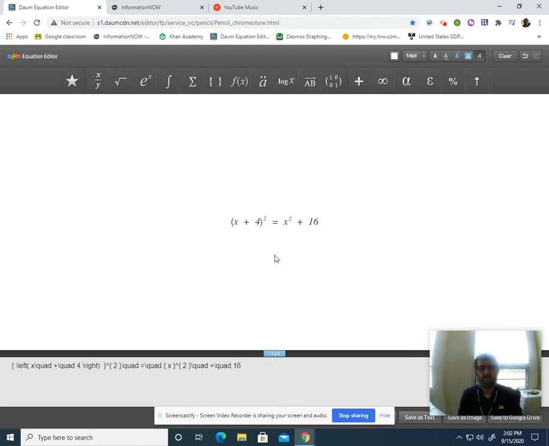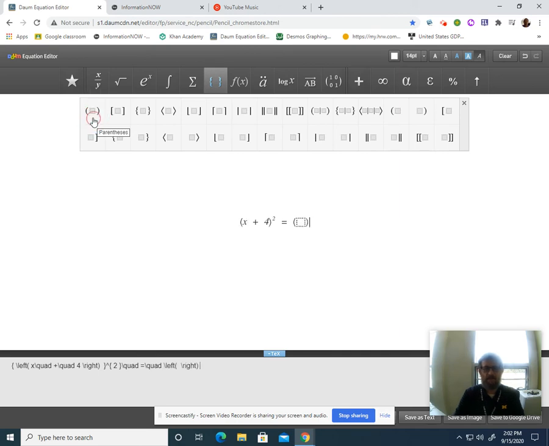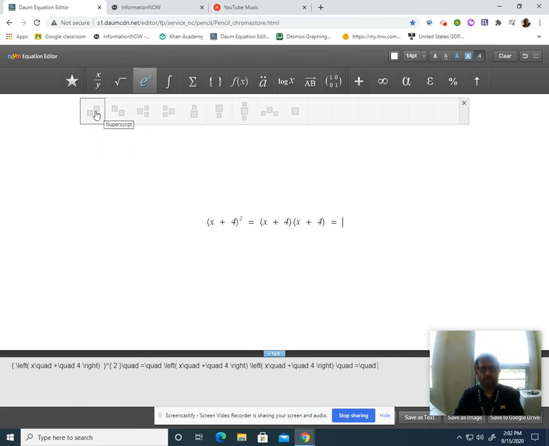We cannot do this. This is actually equal to, again, squared means multiply it by itself. So it literally means x plus 4 times x plus 4, which when you follow the distributive property, you get x squared, and then you get two 4x's, so that's 8x, and then you get the plus 16.